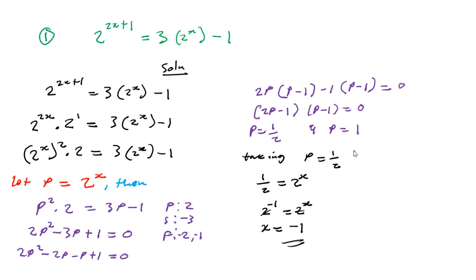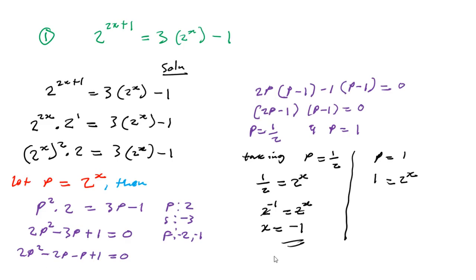Then when you take p to be equal to 1, you're going to have 1 is equal to 2 to the power x. For us to have a 1, that means that 2 is to the power 0. Anything to the power 0 is 1.